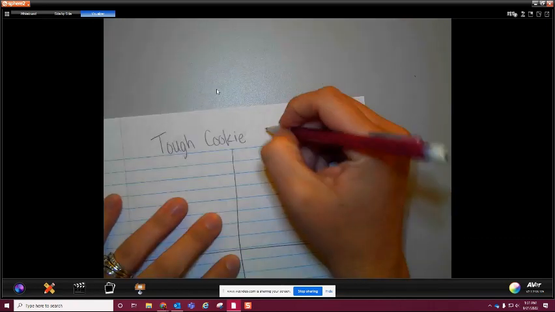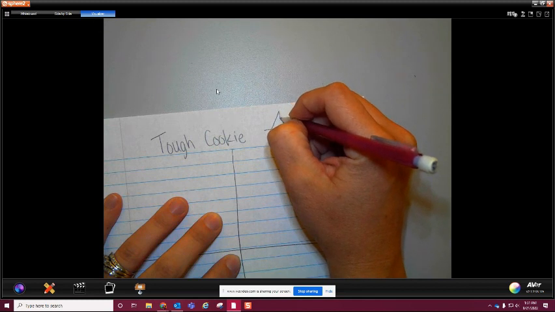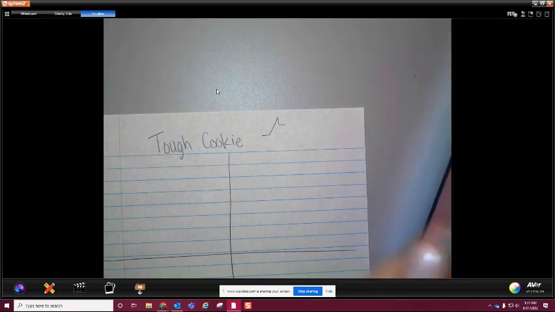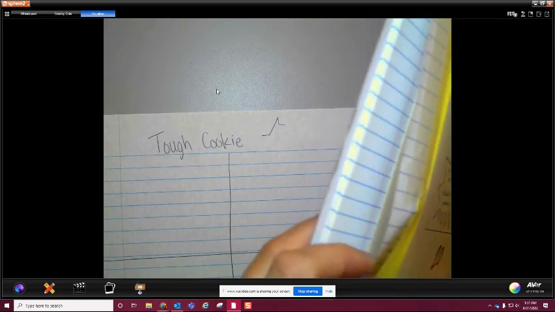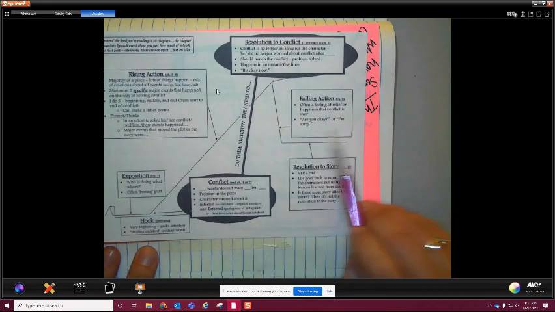All right, so we're going to label these boxes, and since we do have the plot chart, it normally looks like this, and it has the conflict. It goes like this. So that's how it looks on page 22, so I'll show you that again. See how it starts here, then it goes up, and then it goes down.